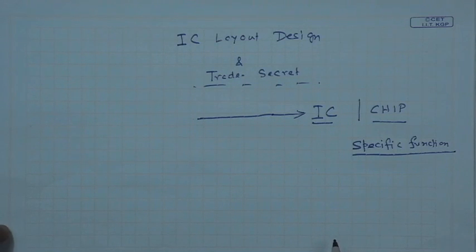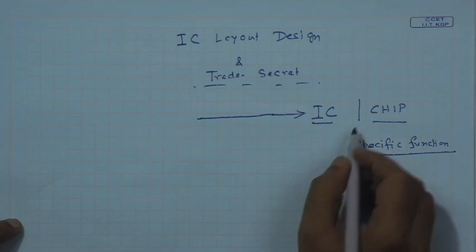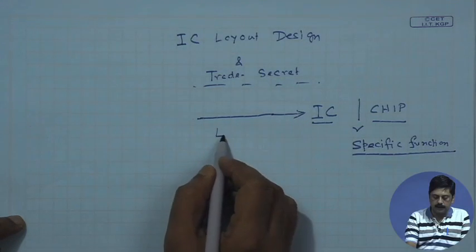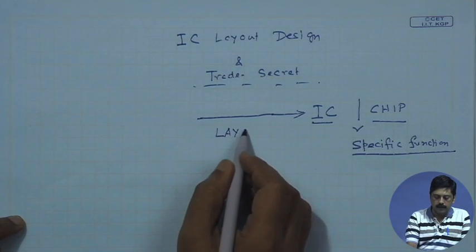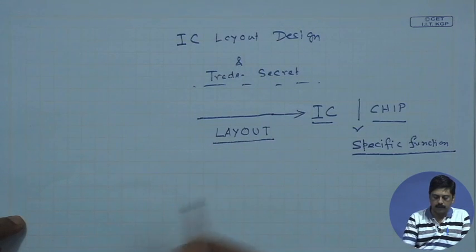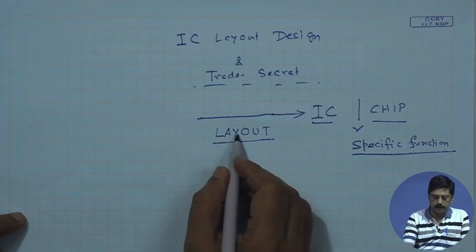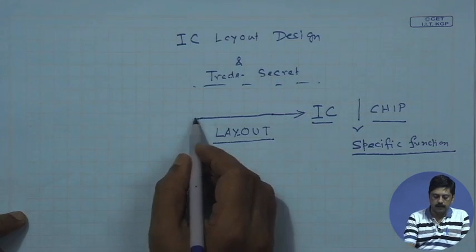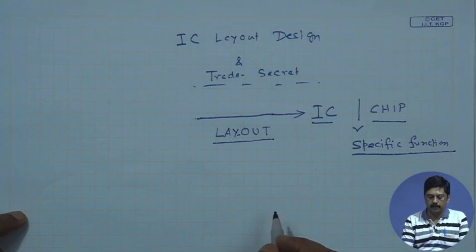So IC and chips definitely come in the form of a tangible object. In the fabrication of that tangible object, one of the components is also the design of the layout, the layout of that IC. So how are you designing the layout?